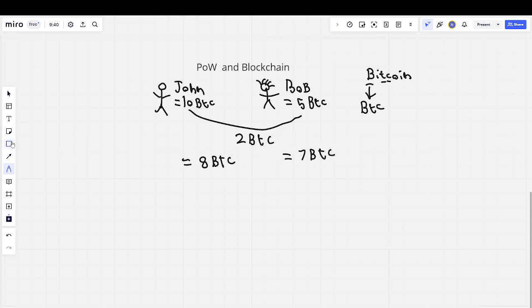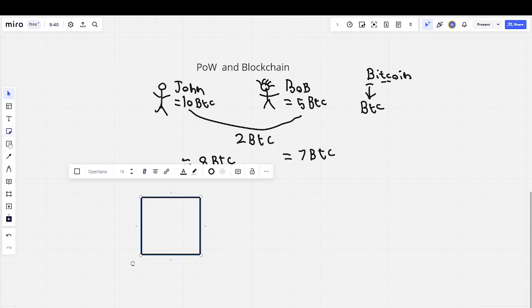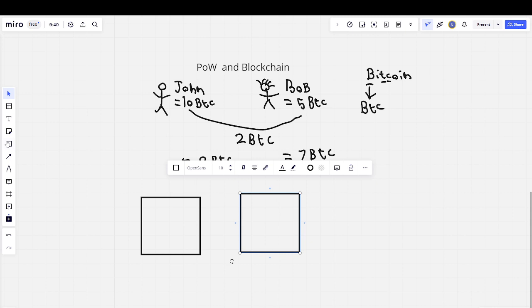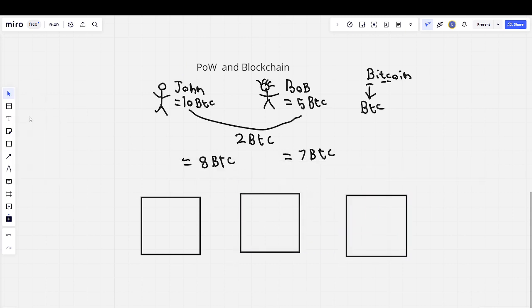So how can we use this in a block? For today's video, for part 1, we'll be discussing the index and the data aspect inside of a block. Picture all of these squares as blocks, or pieces of information.